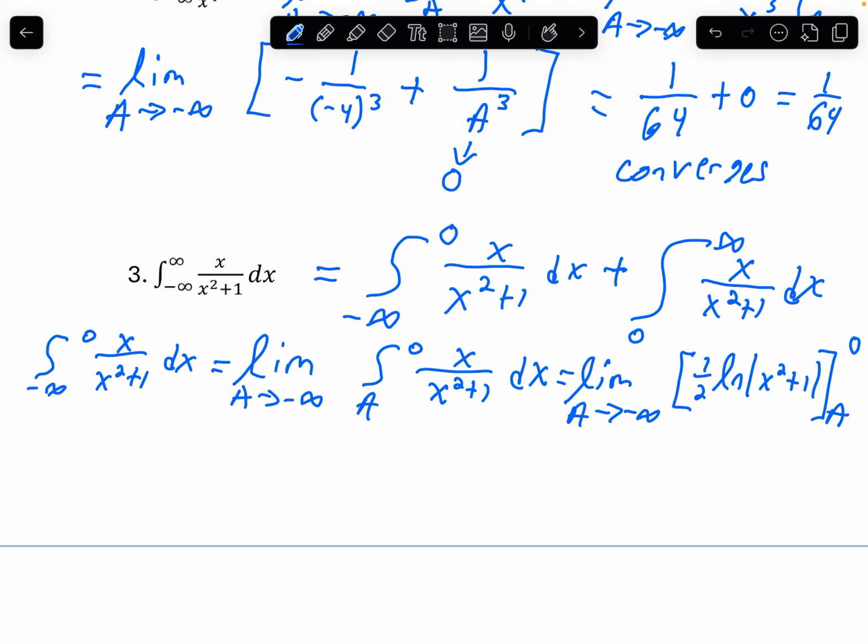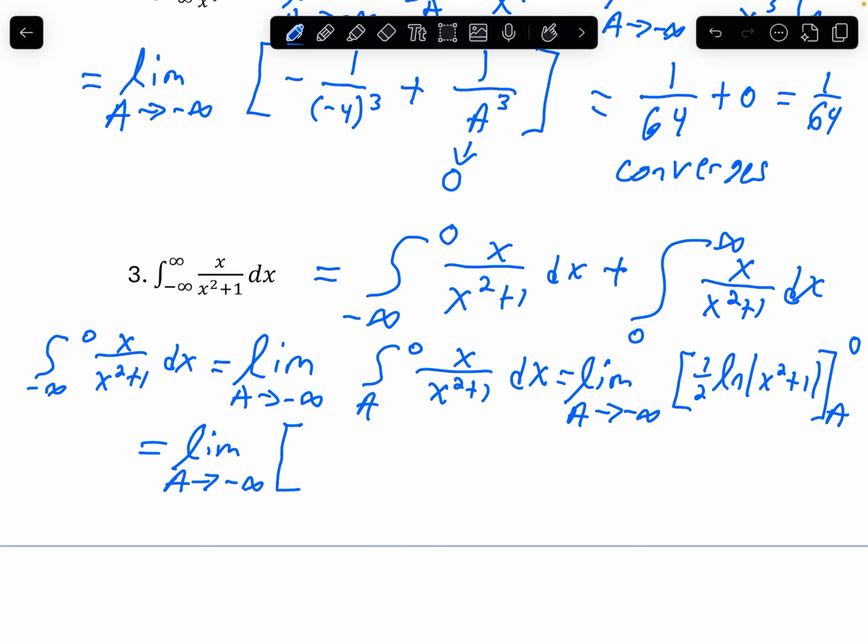So because of that x squared in there, technically, the absolute value bars aren't really needed, per se. This makes 1/2 times the, excuse me, I need to write out the limit first for that. This is the limit as a approaches negative infinity.